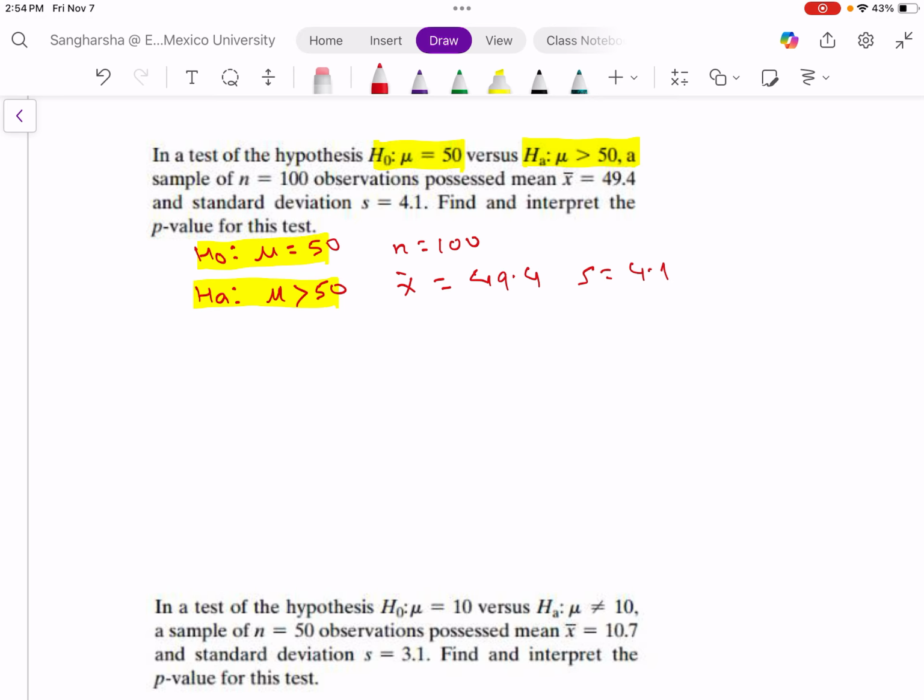Now let's go ahead and find the test statistic. Our sample size is 100, which is large, and the parameter is mu.